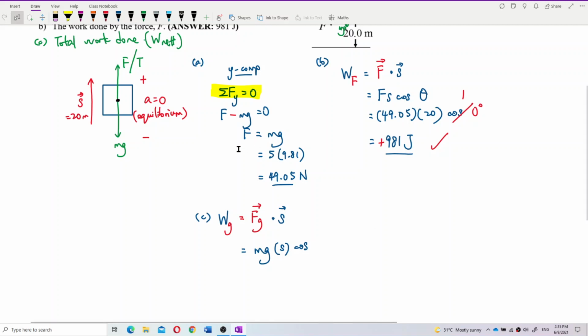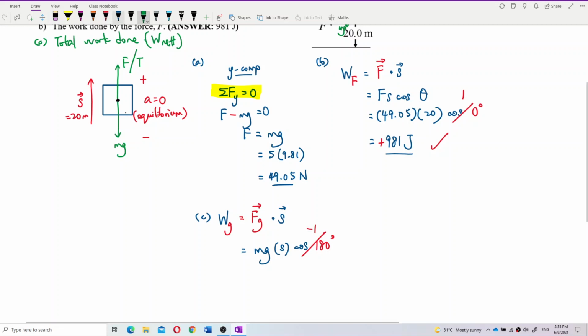So what's the angle between the mg, the weight, and the displacement? Opposite direction but parallel. That means 180 degree. So cosine 180 is -1.